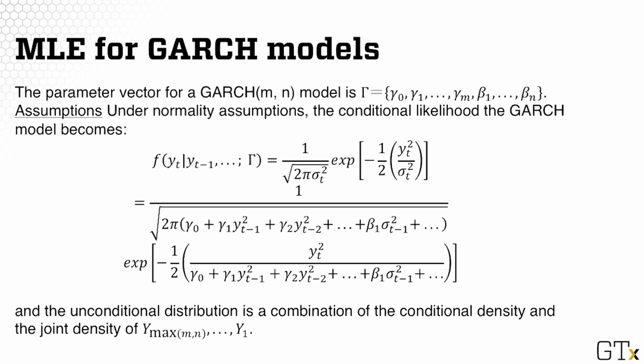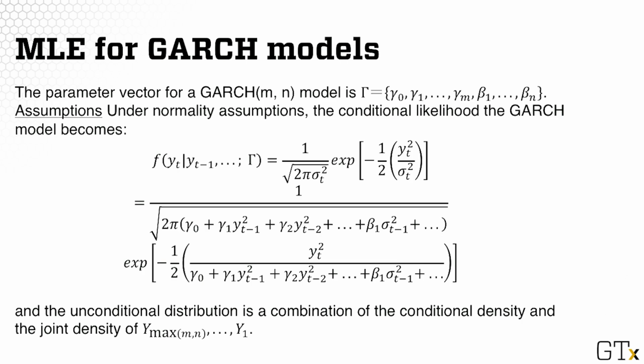The estimation of the parameters of GARCH models uses the maximum likelihood estimation approach. The parameters to be estimated are the coefficients gamma 0, gamma 1 up to gamma n, and the coefficients beta 1 up to beta n for a GARCH model of orders m and n.